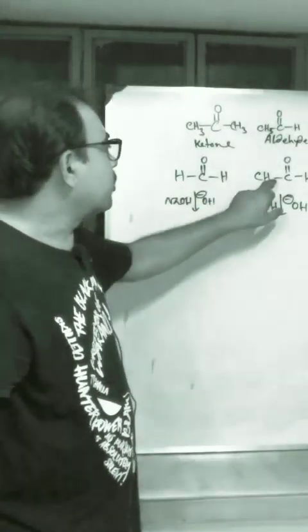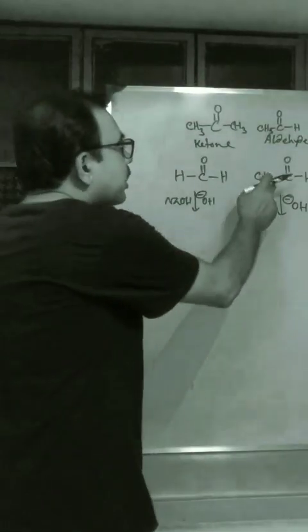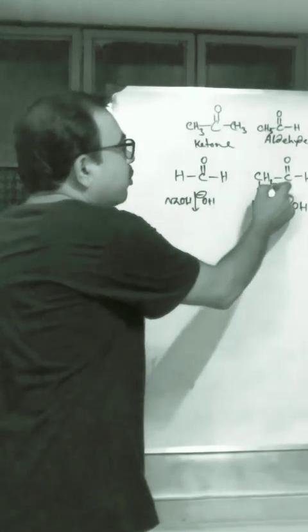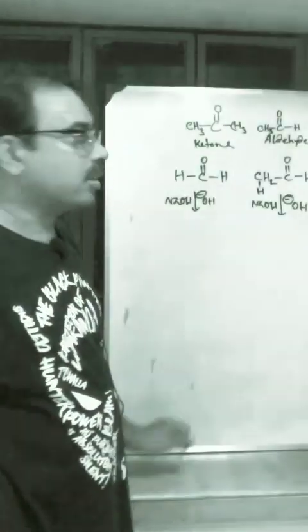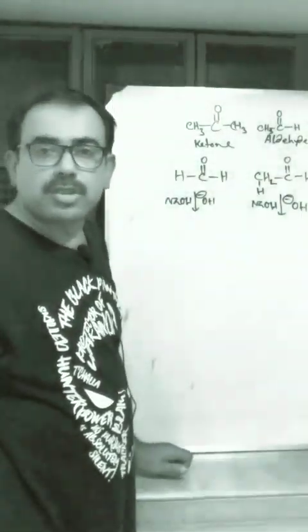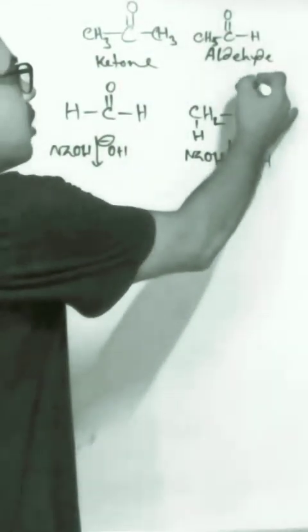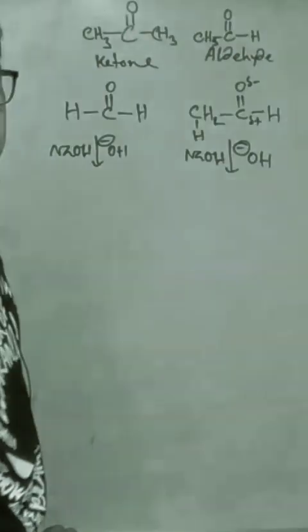Alpha hydrogen atoms, here 3 alpha hydrogen atoms are present. These alpha hydrogen atoms are acidic in nature. Why is this so? Because in the carbonyl group, in both the cases, as oxygen is more electronegative than carbon, the pi bonded electrons are shifted more towards the oxygen atom, making this oxygen partially negatively polarized and that carbon partially positively polarized.